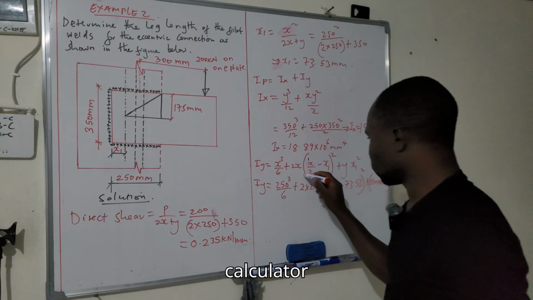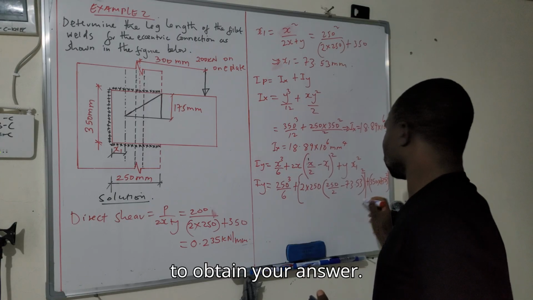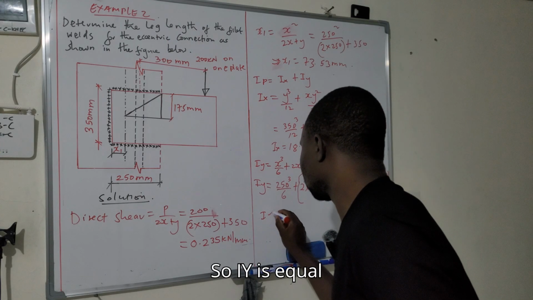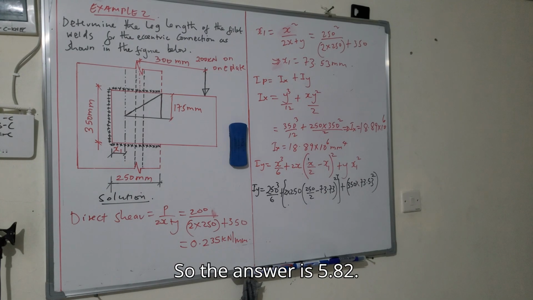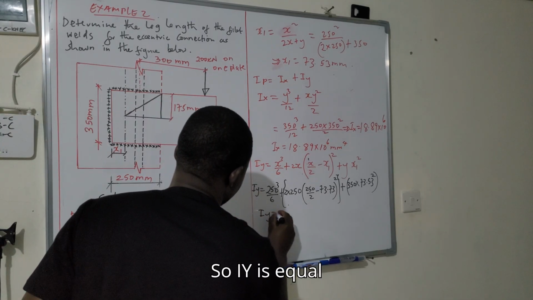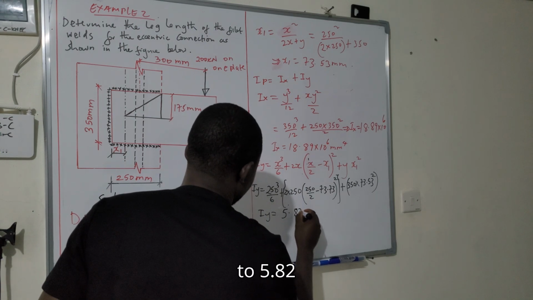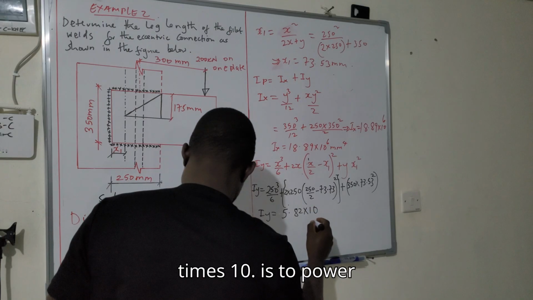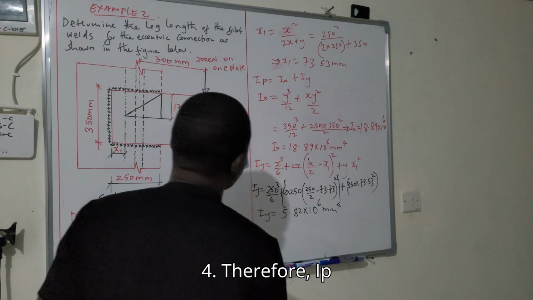Then you punch your calculator. The answer is 5.82 times 10 raised to power 6 millimeter to power 4.